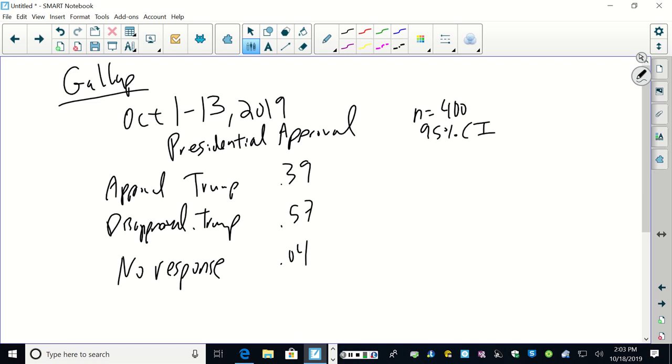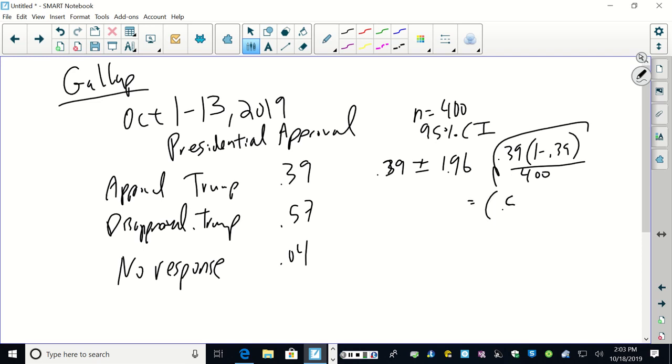So our formula would say 0.39 plus or minus normal value of about 1.96, and then our variance estimate. So just using the simple formula, 0.39, 1 minus that over our 400, is going to give us an interval that's like 0.521 up to 0.6185 or so. Right?